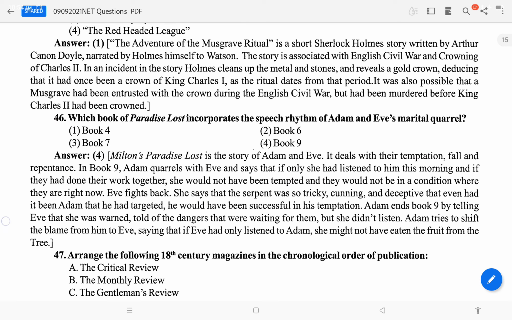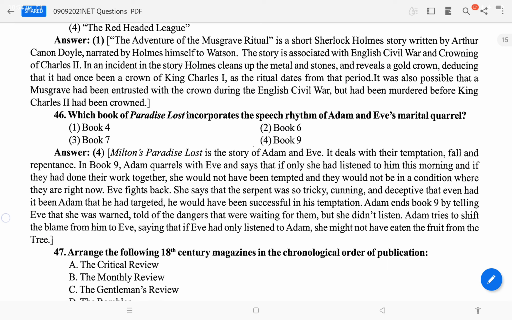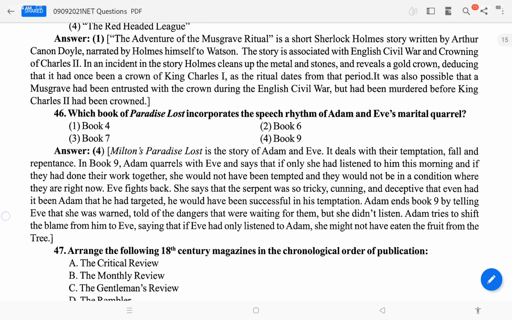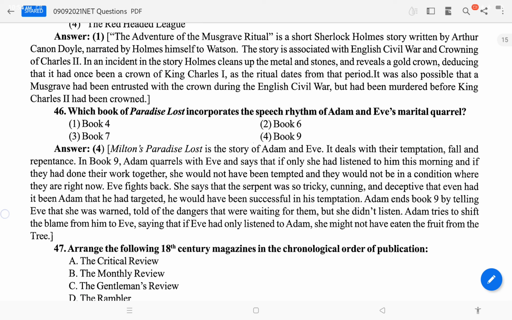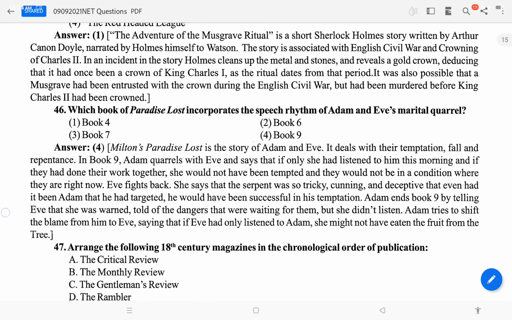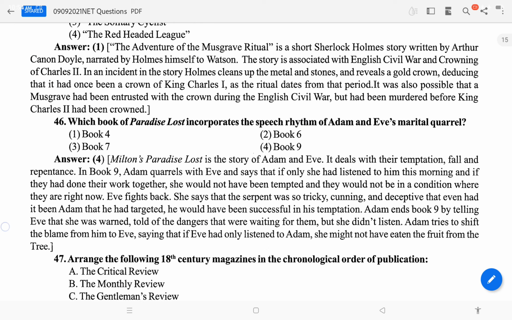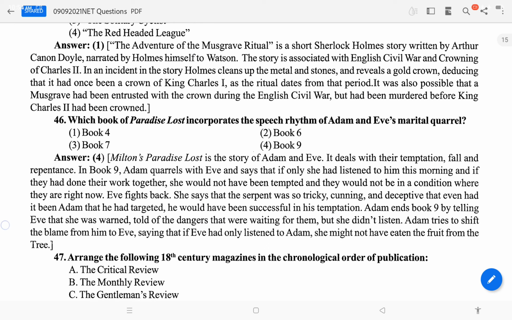In an incident in the story, Holmes cleans up the metal and stones and reveals a gold crown, deducing that it had once crowned King Charles the First, as the ritual dates from that period. It was also possible that a steward had been entrusted with the crown during the English Civil War, but had been murdered before King Charles II had been crowned. So the story is about the Charles the First crown.